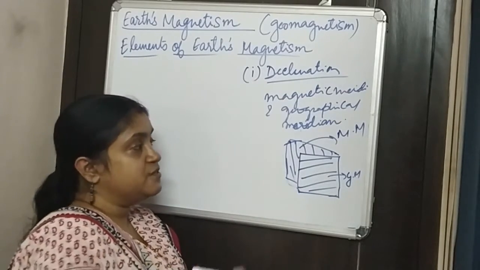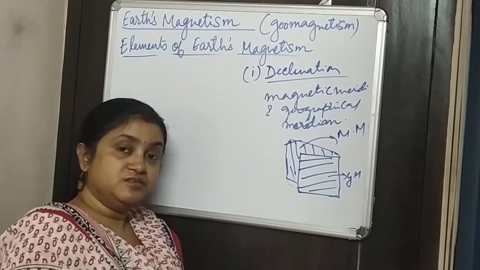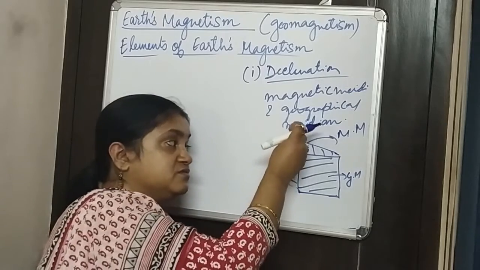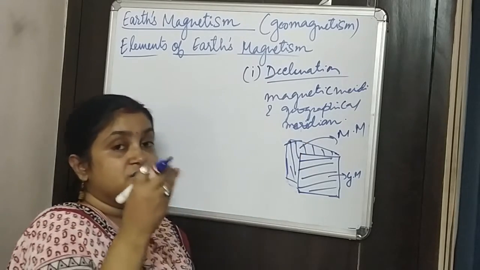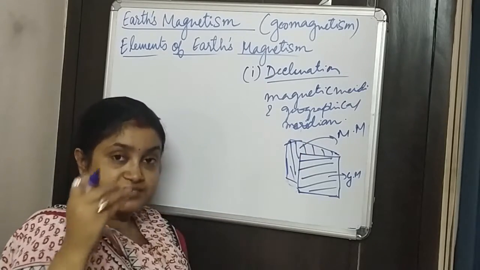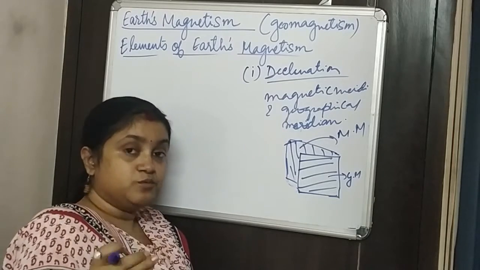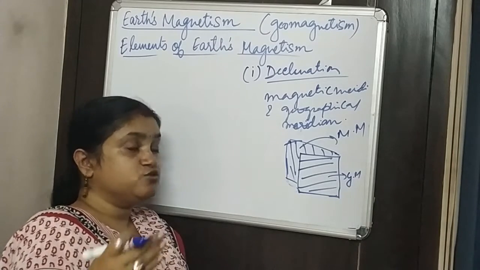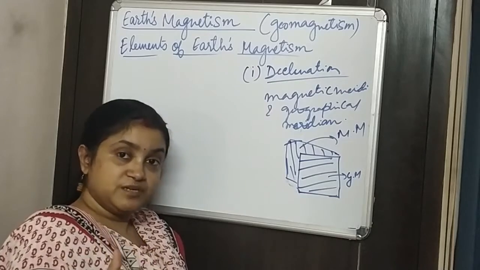Magnetic meridian means we have taken the north and south magnetic poles of that place and joined them with an imaginary plane.